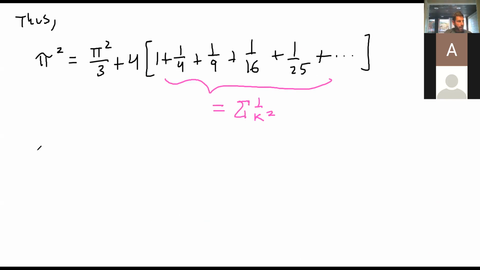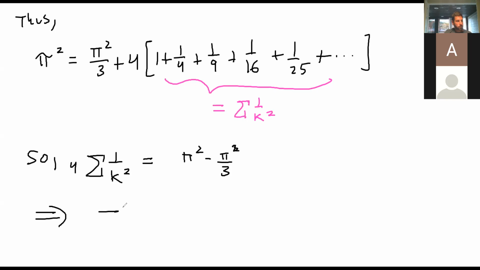And so we have this famous series, which is equal to, solving it like we did before, pi squared minus pi squared over 3, and then of course this has a 4 in front of it. So you get this amazing formula.